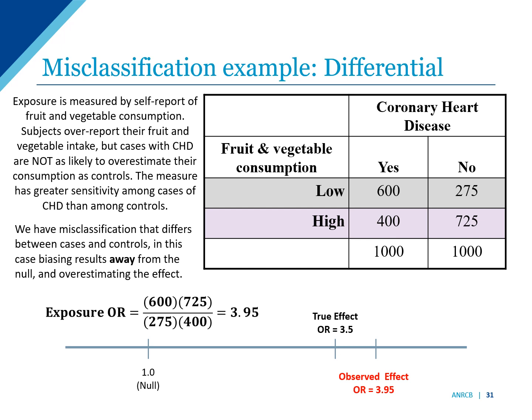Then we'll have misclassification that differs between cases and controls, and in this case, it biases the results away from the null, overestimating the effect, where we see the observed effect is greater than the true effect.